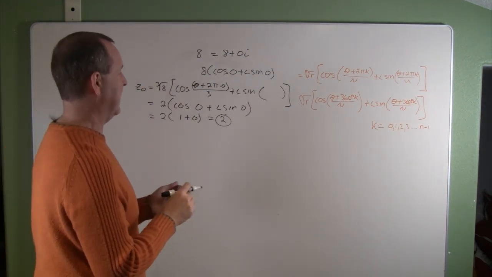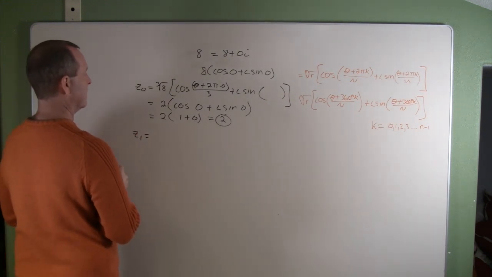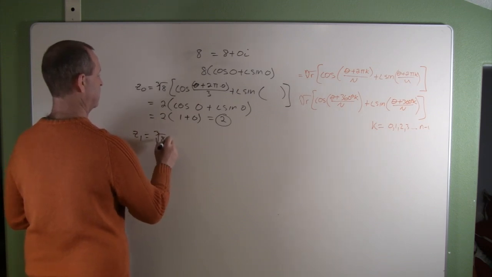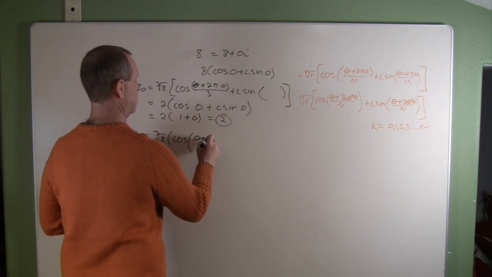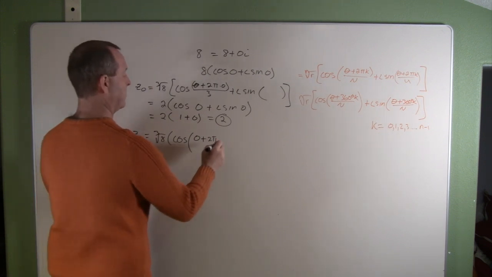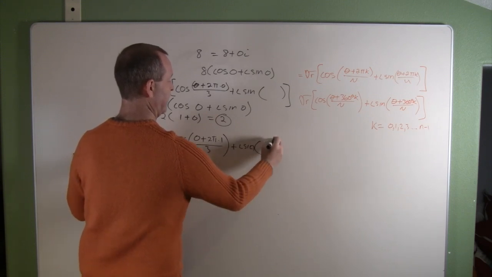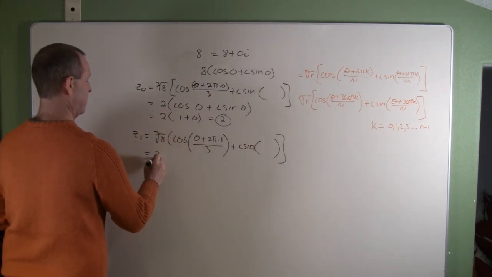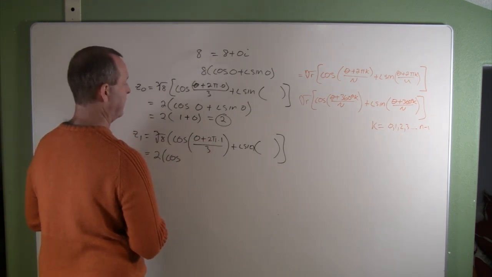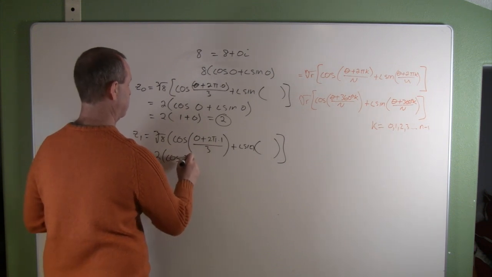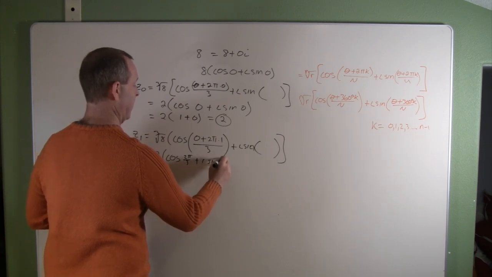All right, another distinct cube root: let's look for it at z1. So I'm going to go cube root of 8 times cosine of this argument, which was 0 plus 2 times pi, I'm doing it at k equals 1 now, times 1, all over 3, plus i sine of the same argument. Reduce that down: 2 times cosine of 0 plus 2 pi, which gives me 2 pi thirds, plus i sine 2 pi thirds.